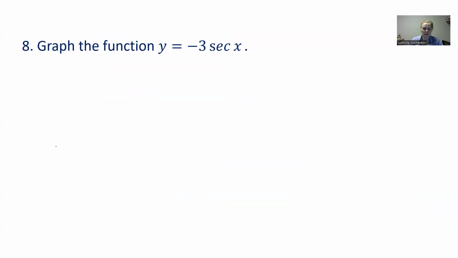Graph the function -3 secant x. So to graph a secant, draw the corresponding reciprocal function, -3 cosine x, and then add U-forms to each maximum or minimum.